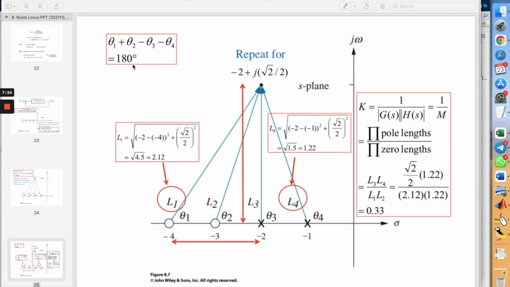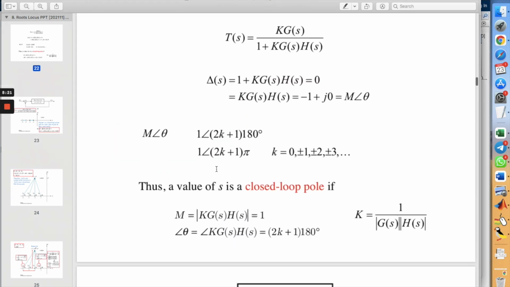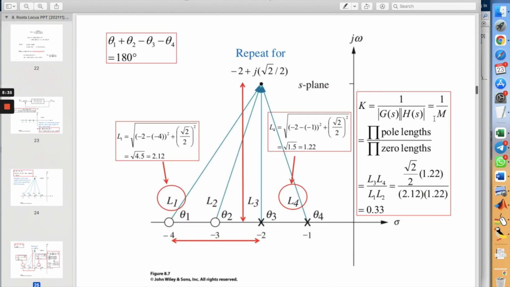And we can confirm by finding the other property, which in this case is K. This comes from these properties: M equals KGH equals 1, and then 1 over M equals 1 over GH to find K. Then we can calculate using this formula, which is the product of pole lengths over the product of zero lengths.